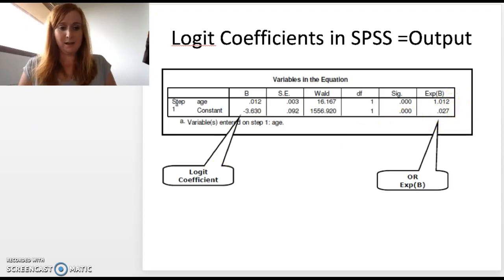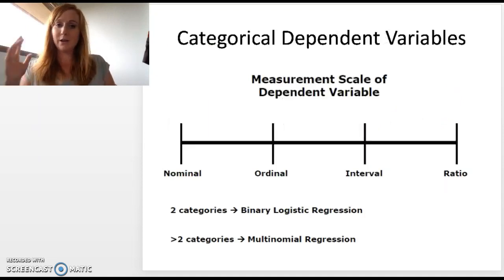So remember, if you have a categorical dependent variable, maybe a yes-no variable, like did you get arrested or not, did you get convicted or not, then this is probably the kind of regression you're going to run. The only logistic regression I teach in this class is binary, where you just have 2 categories.